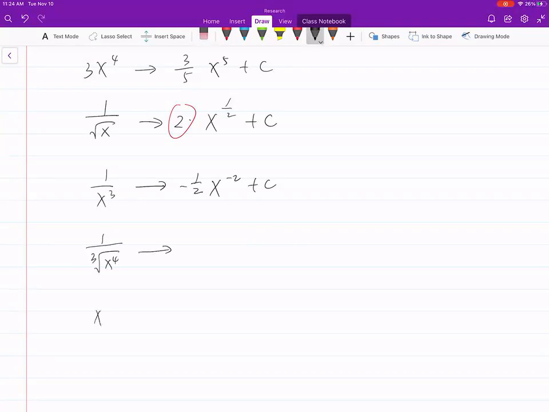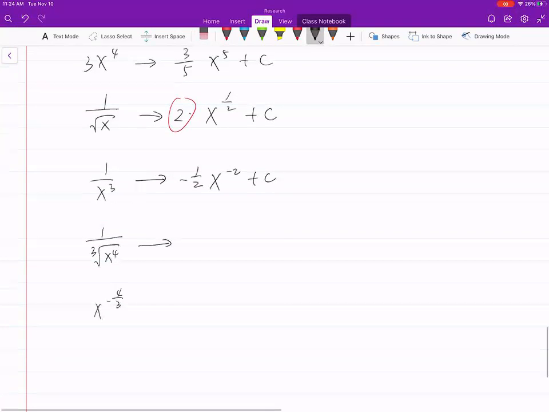Which is x to the negative 3/4. Take it back 4/3. All right.